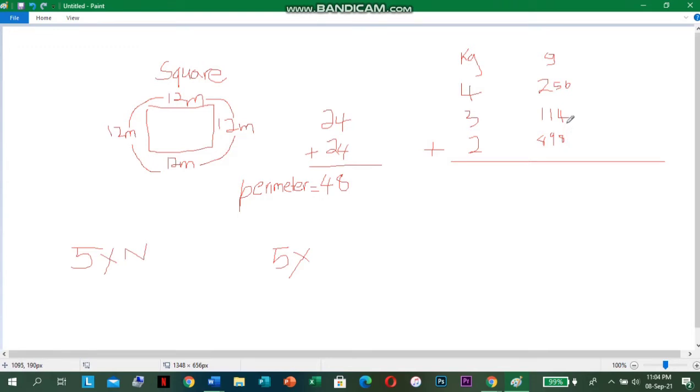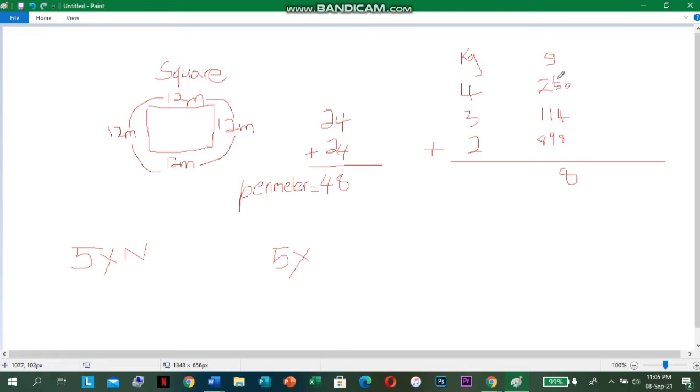8 plus 4 gives us what, class? 12. Beautiful. 12 plus 6 gives us what, class? 18. So we put down our 8 and carry our 1. 9 plus 1 is 10. 10 plus 5 is 15.